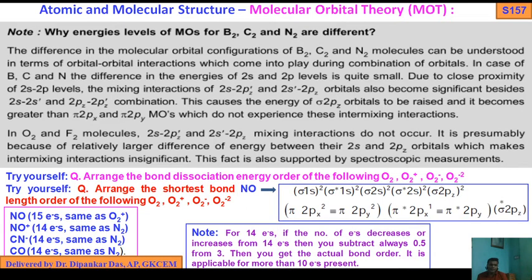If the number of electrons decreases or increases from 14 electrons, then you always subtract 0.5 from 3, then you get the actual bond order. It is applicable for more than 10 electron systems. Now check it. Suppose the number of electrons decreases.